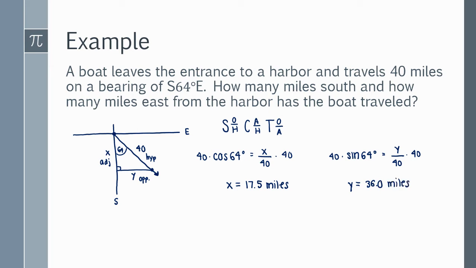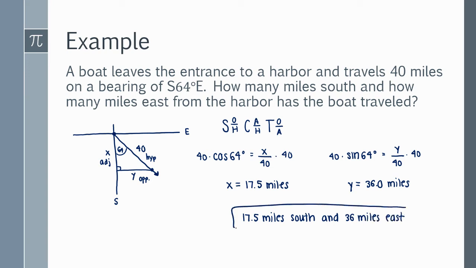So if it says how many miles south and how many miles east from the harbor has that boat traveled, we can say 17.5 miles, and that's the x, which is representing south, and 36 miles east. And there is my final answer.